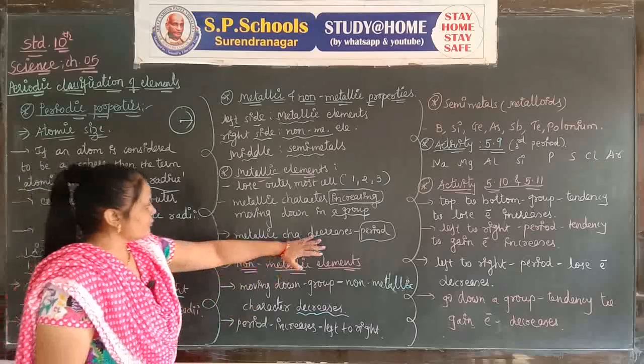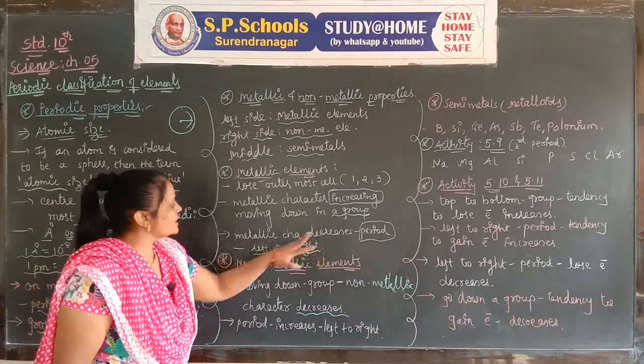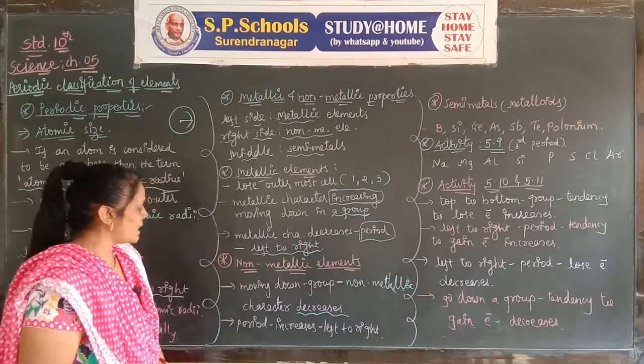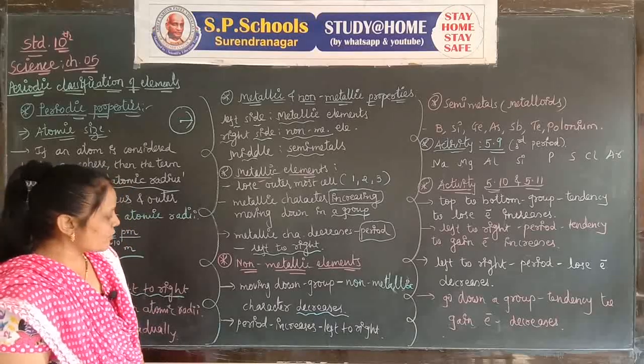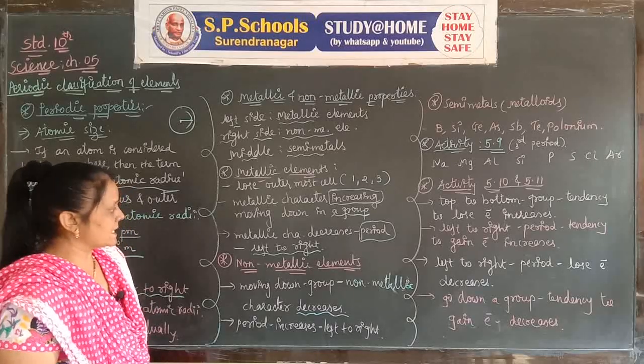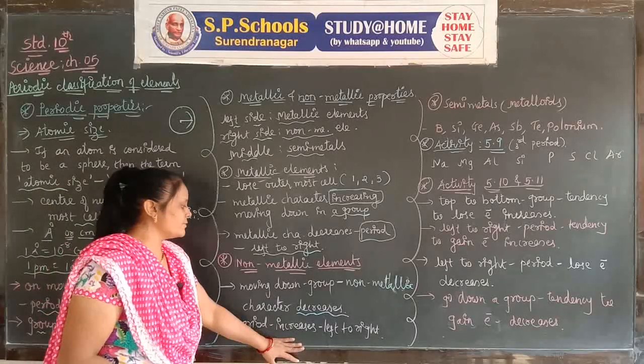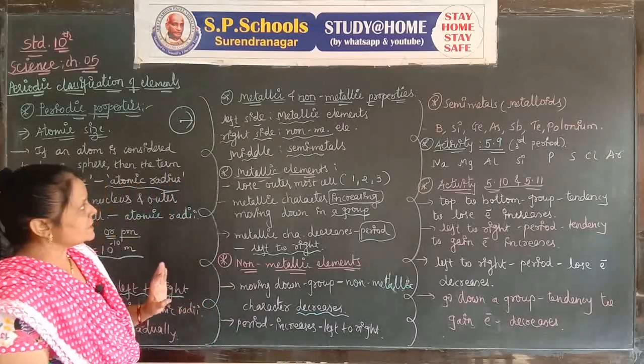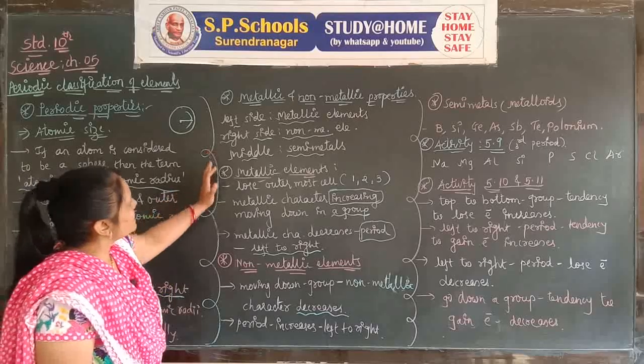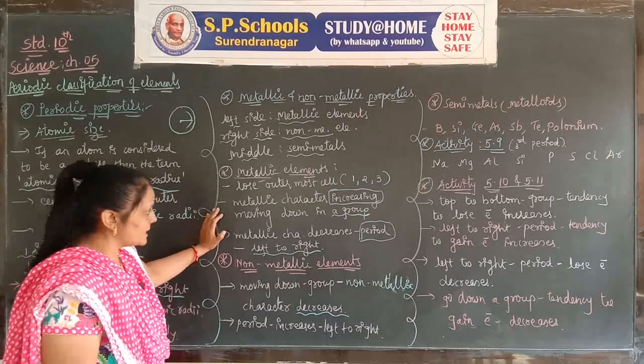In the case of a period, metallic character decreases from left to right. Here we see the difference between metallic and non-metallic properties.